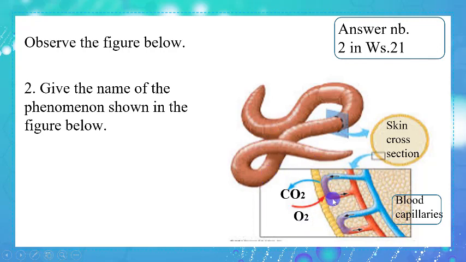What is happening here? Observe, please. The oxygen is passing from the air to the earthworm through the skin. Carbon dioxide is leaving the body of the earthworm through the skin. Here we have exchange of respiratory gases through the skin of the earthworm.